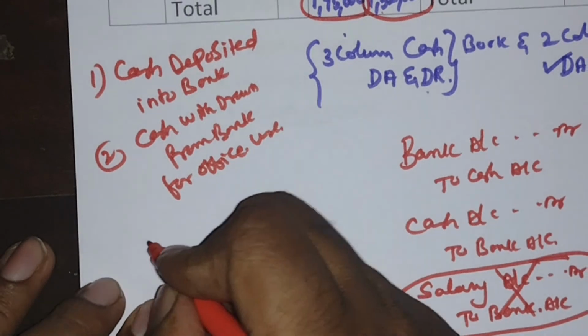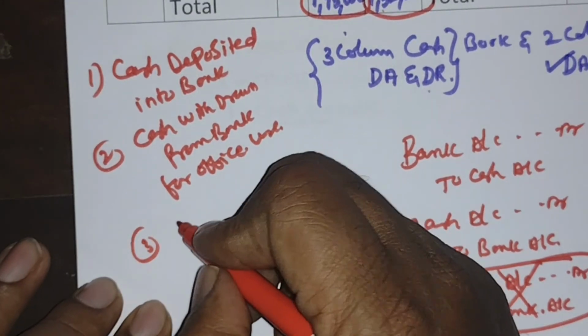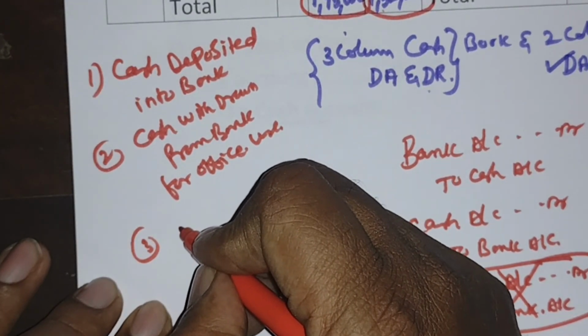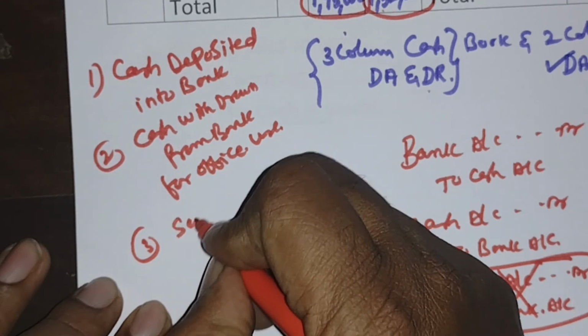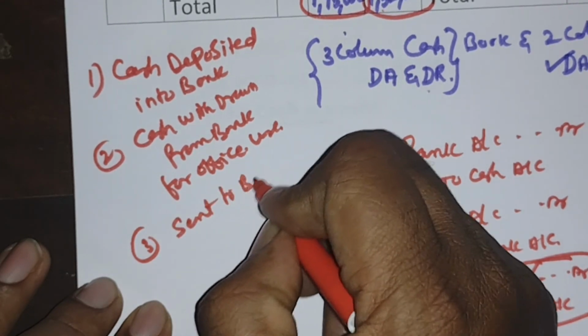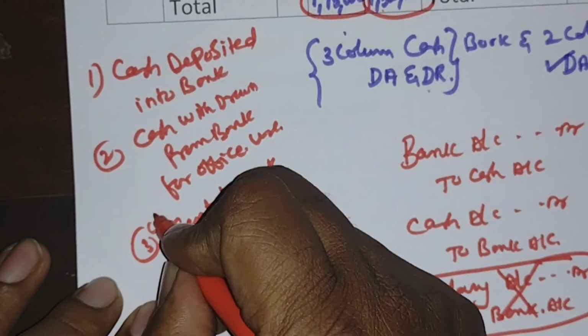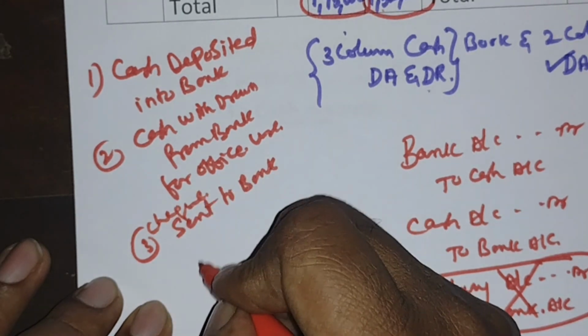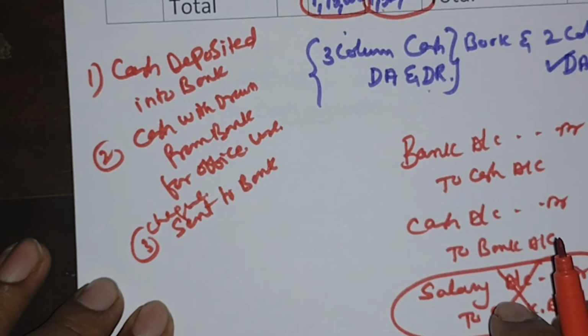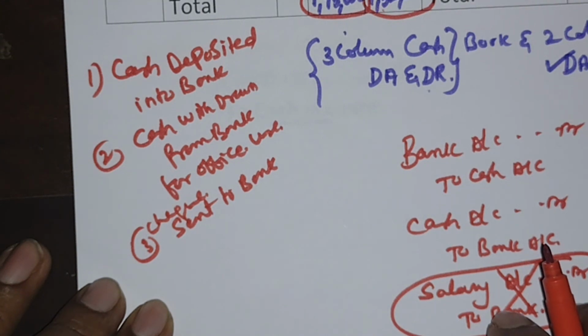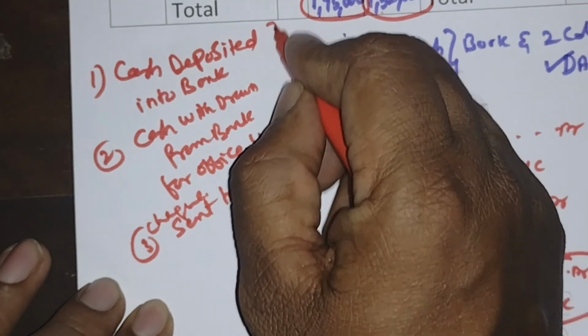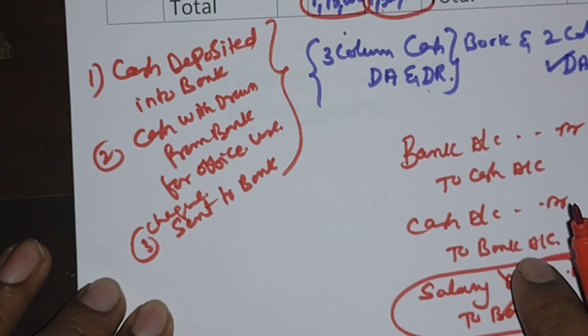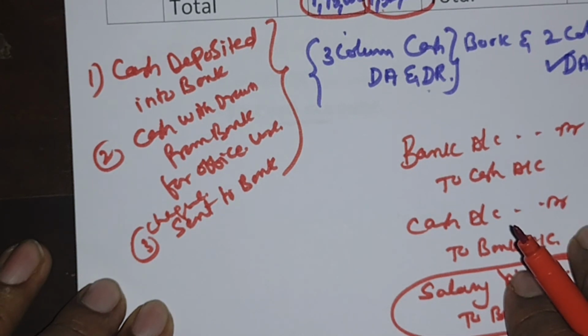And at last, third one is check received that has previously been sent to the bank. What is to be sent to the bank? A check which has been received already, that means either yesterday or the day before yesterday, which has been recorded already in the cash book, that will be sent to the bank. These three entries will be treated as the contra entry.